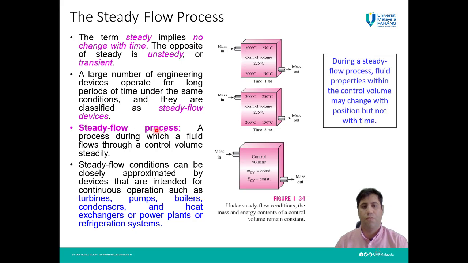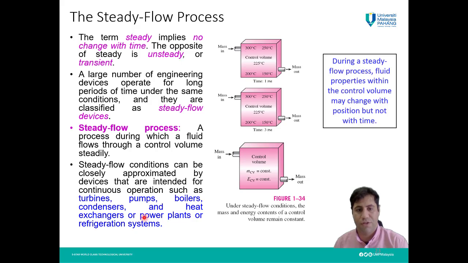So a steady flow process is a process during which a fluid flows through a control volume steadily, like what we have here. And a steady flow condition can be closely approximated by devices that are intended for continuous operation.